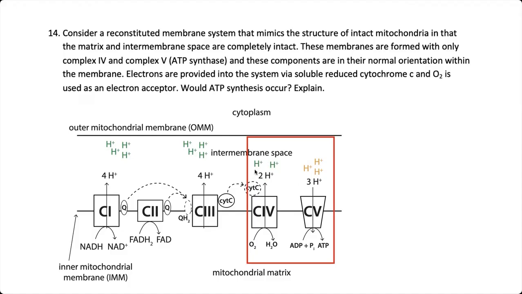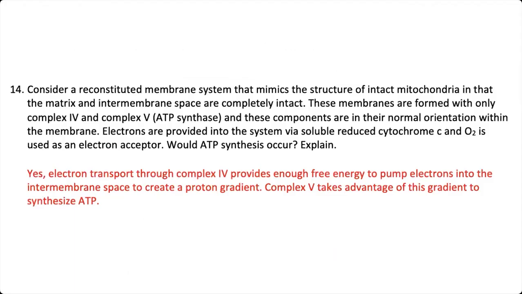It just needs the electrons to be brought to it by cytochrome C, and we're giving you cytochrome C with electrons. And so we've got that, and we need oxygen, and we've got both those things. That'll allow us to pump protons, and we can pump protons to make ATP because we have complex 5 as well. So we won't be able to make as much ATP because we're only pumping 2 protons per cytochrome C that we have. We're missing all this upstream stuff, but we can still make ATP. Booyah!